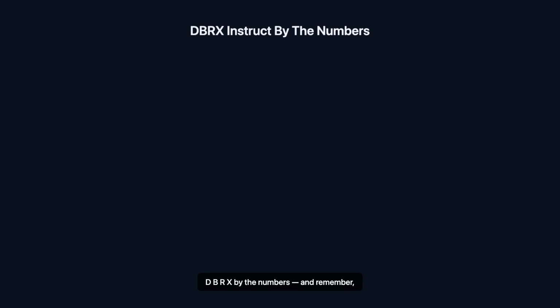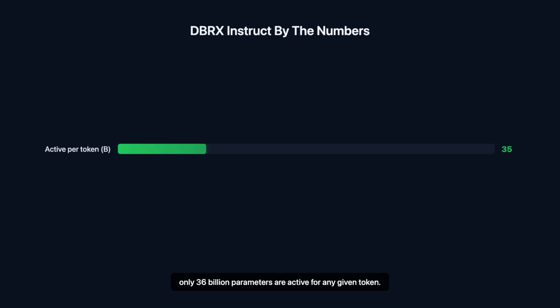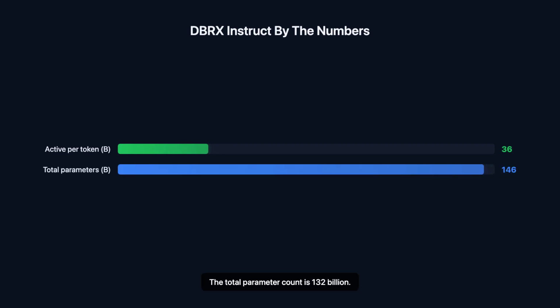DBRX by the numbers, and remember, we're looking at this as a historical architecture example, since the pay-per-token endpoint was retired in April 2025. Thanks to its mixture of experts design, only 36 billion parameters are active for any given token. The total parameter count is 132 billion. According to Databricks benchmarks, DBRX inference runs up to 2 times faster than Llama 2 70B on equivalent hardware.